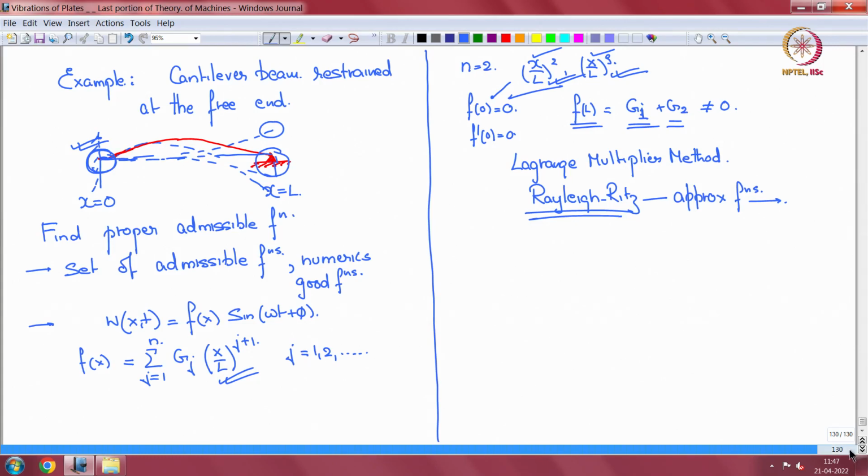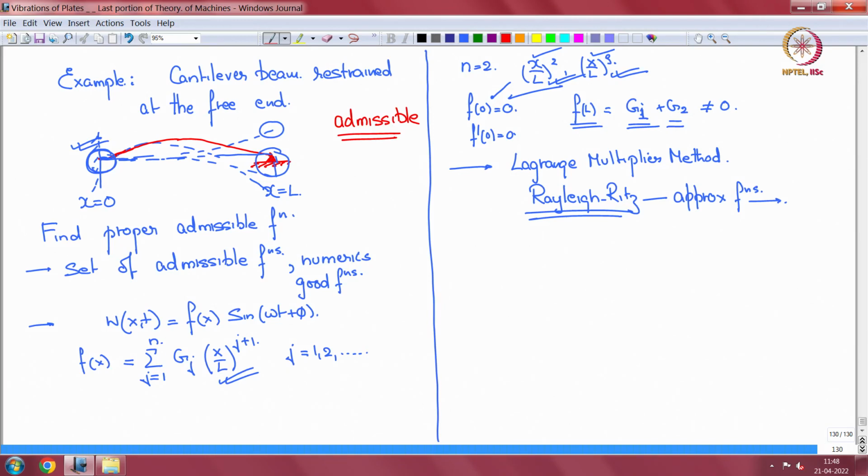Now we are in an augmented topic, an addition to Rayleigh's method. Suppose you have been working with a set of functions that are admissible for one system, and you have found them to be numerically stable in terms of matrix generations and inversions.